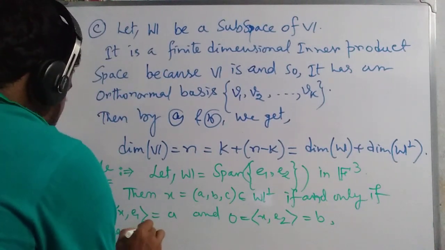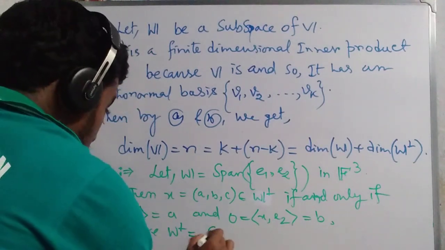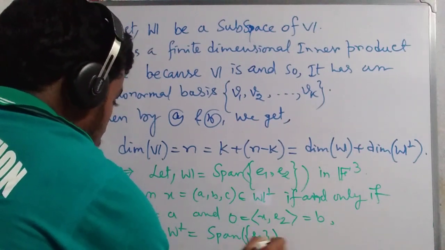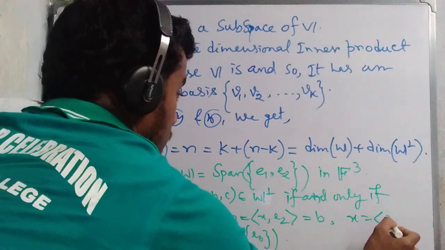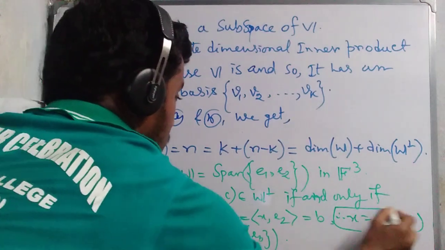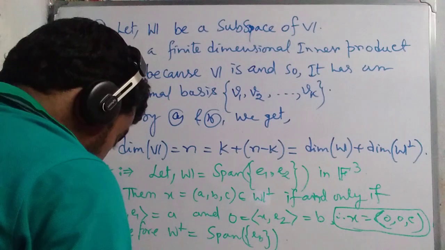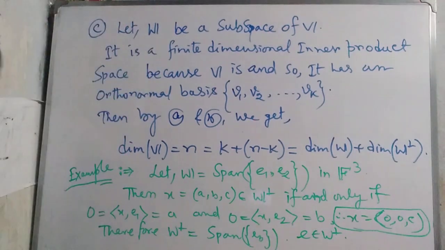Therefore W perp equals span of e3, since x equals (0, 0, c). That means e3 belongs to W perp.